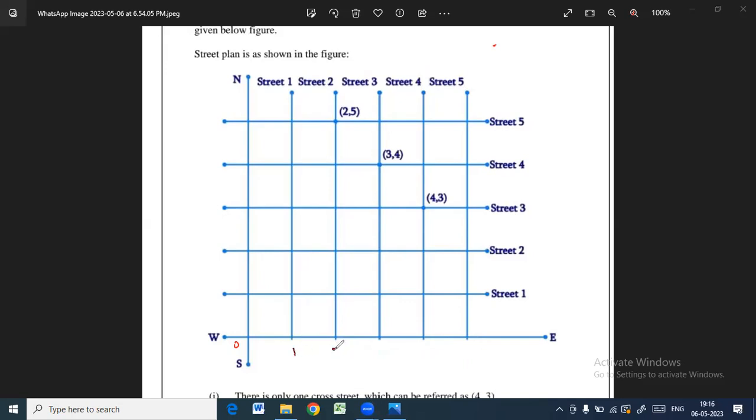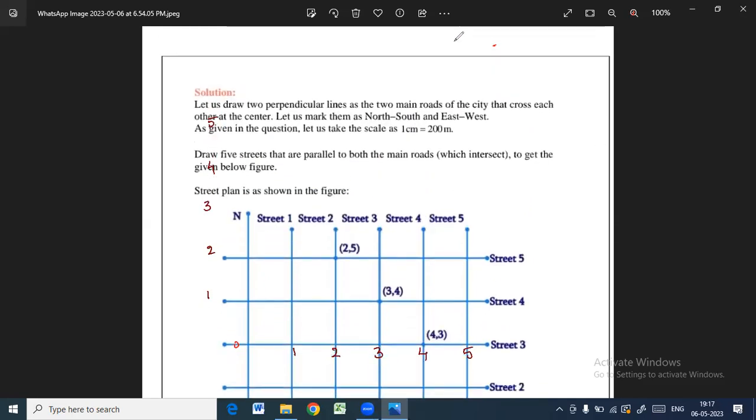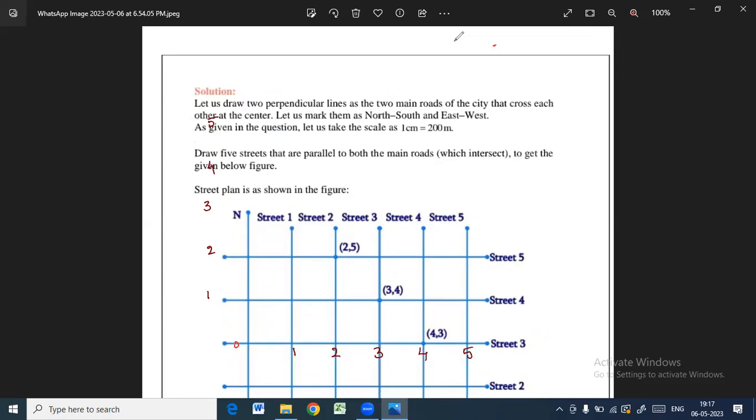This is 1, 2, 3, 4, 5. But 1 centimeter equals 200 meters.